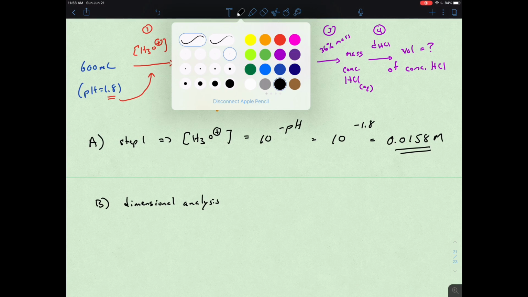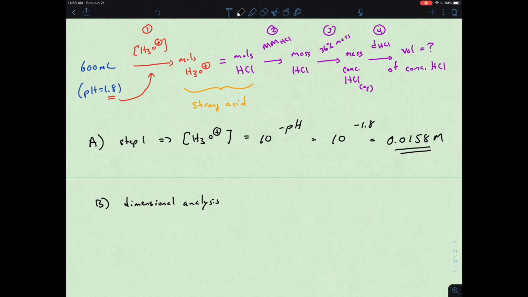And solve the question. So we can start with our 600 milliliters of the, we could say, dilute HCl. We have a molarity as a result of a pH to be 0.0158.